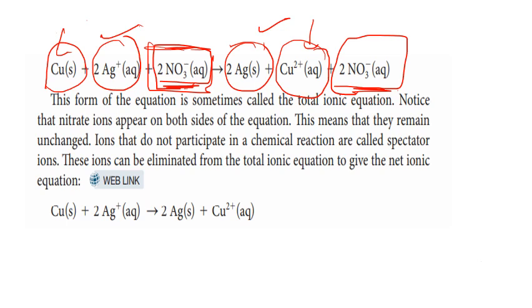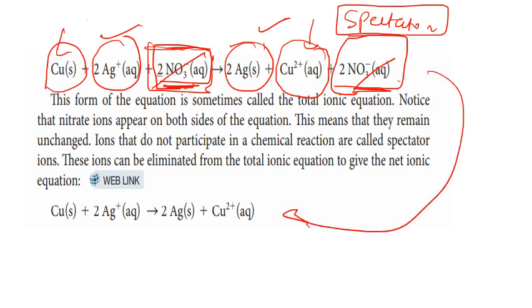These are called spectator ions. They are just watching there, not participating. They are not contributing to the reaction, so you can cancel them because they have the same quantity on both sides. When you get rid of them, you get this nice equation, which we call the net ionic equation.